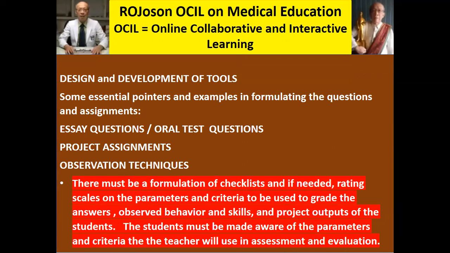There must be a formulation of checklists and, if needed, rating scales on the parameters and criteria to be used to grade the answers, to grade the observed behavior and skills, and the project outputs of the students. The students must be made aware of the parameters and criteria that the teacher will use in assessment and evaluation.